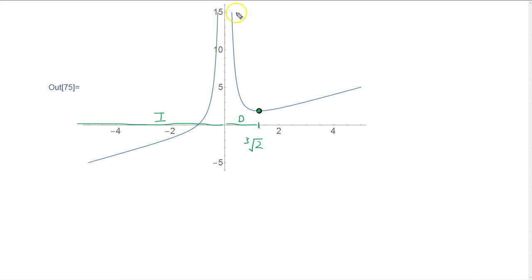So here it's decreasing. Notice it's coming down from infinity. And we're increasing again from the cube root of 2 to positive infinity. Also notice that at x equaling 0, we do have this vertical asymptote. So everything seems to match up with what we found. And that concludes our discussion of increasing and decreasing functions and the first derivative test.